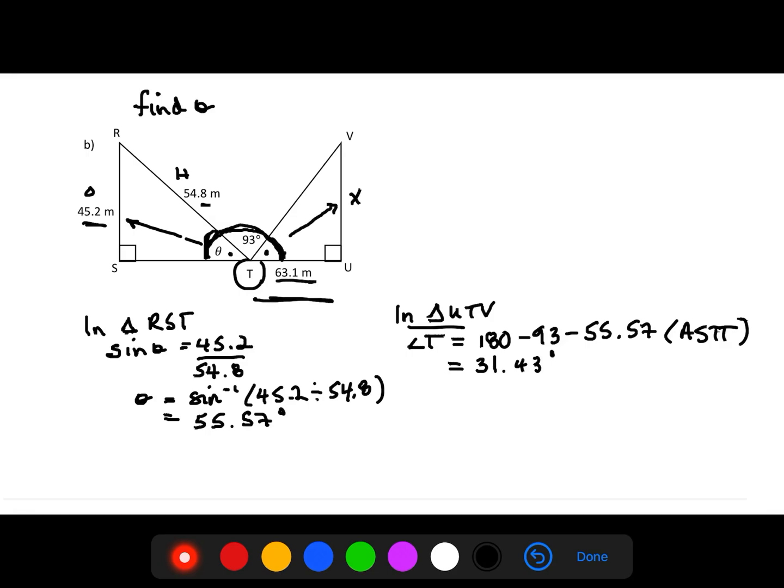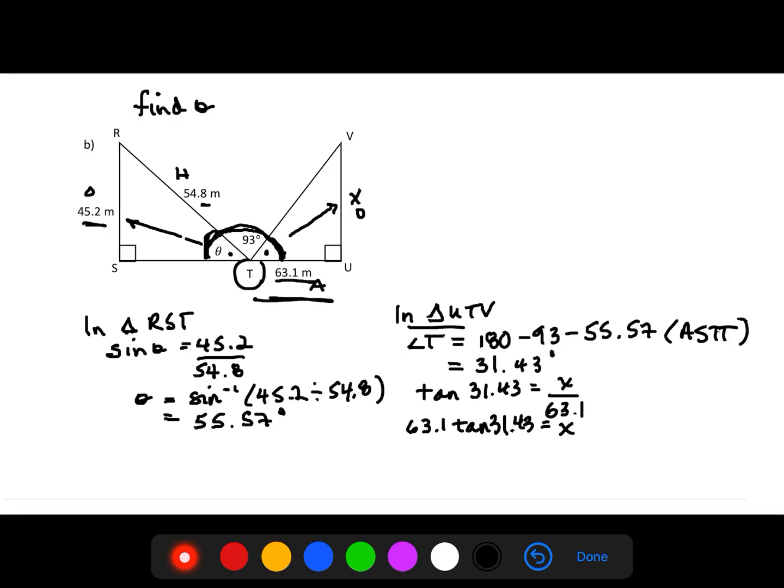Now we can use that angle, and we're going to use our opposite and our adjacent, which means we're going to use our tangent ratio. So tan of 31.43 is equal to x over 63.1, which means that x is going to be equal to 63.1 times the tan of 31.43.